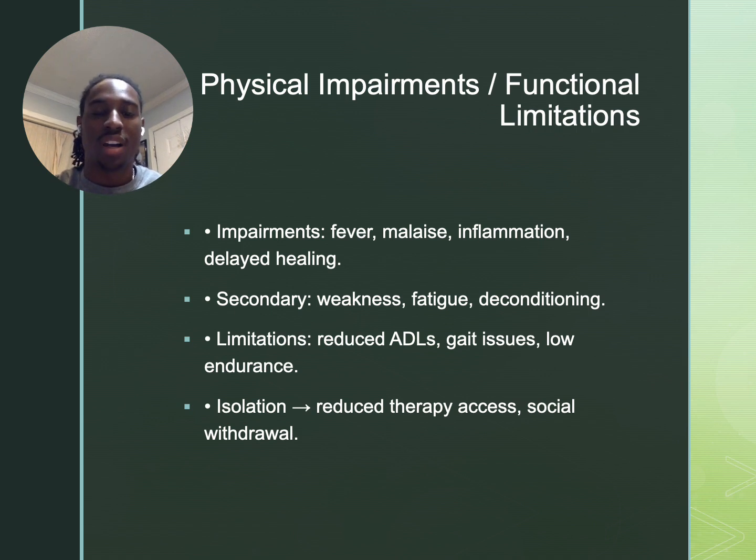Patients with VRE spend more time in bed, have fewer opportunities for mobility, and often receive therapy less frequently, especially if they're in airborne or contact isolation. This leads to muscle weakness, decreased endurance, impaired gait, and reduced activity tolerance as well. Patients may also experience psychological effects such as anxiety or social withdrawal because isolation limits interaction with others.